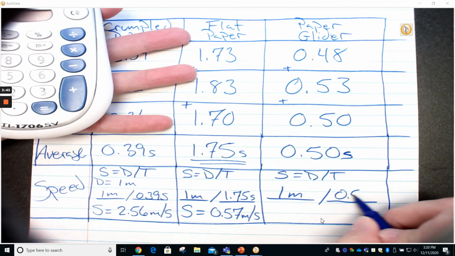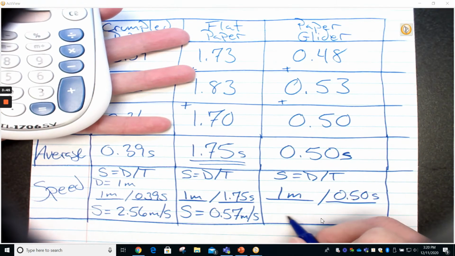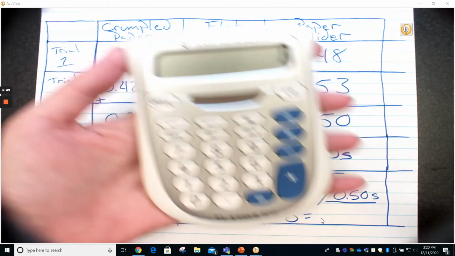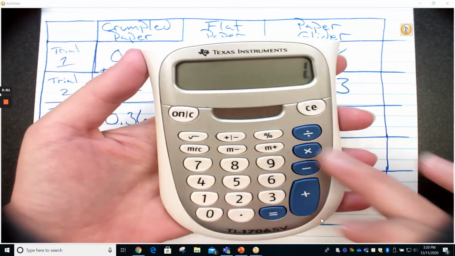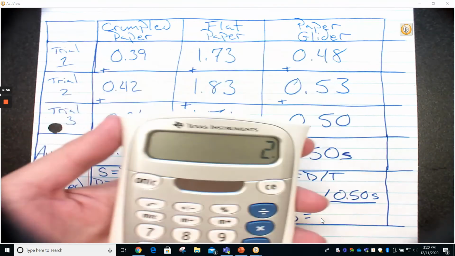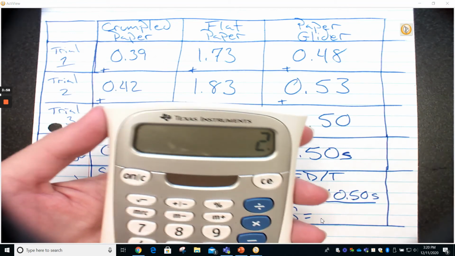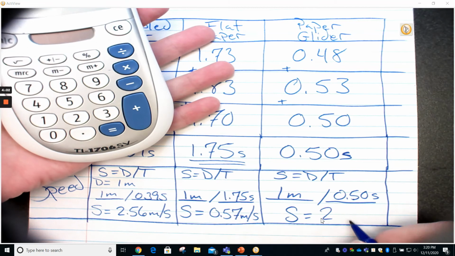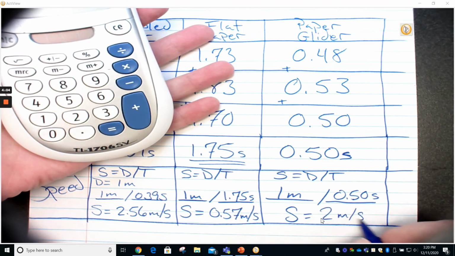So 0.50 and then an s for seconds. And that's where we'll put our time. Let's go ahead and plug it into a calculator. 1 point nothing divided by 0.50 equals 2. We don't even have to round that, do we? Good. So 2 what? We got to pull them units down, meters per second.